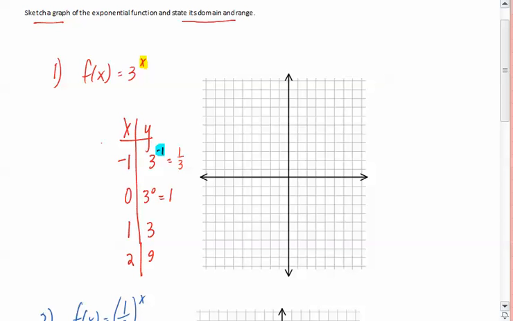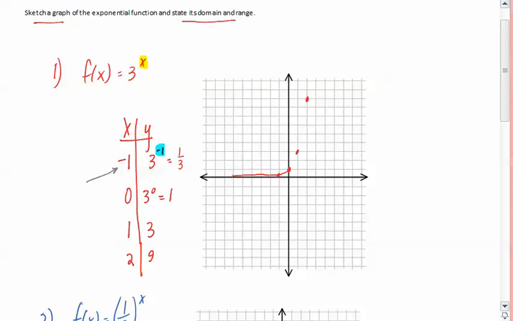Now let's just plot those points. It's that simple. -1, 1/3, there's that dot, over 0 up 1, over 1 up 3, and over 2 up 9. 1, 2, 3, 4, 5, 6, 7, 8, 9. Now, it's very important that I actually picked a negative number, right? Because we do see that the domain does continue this way.